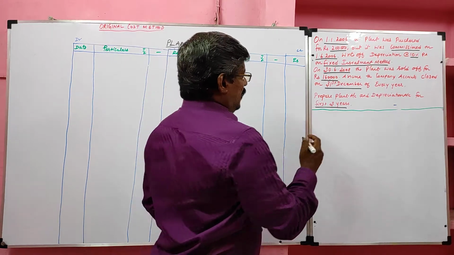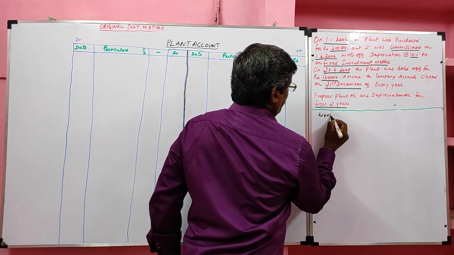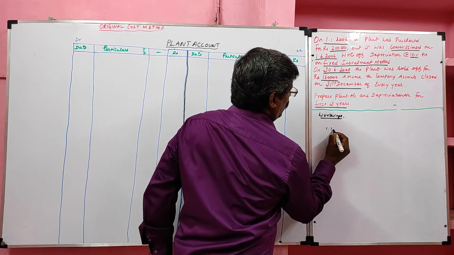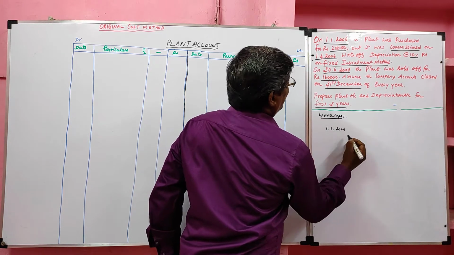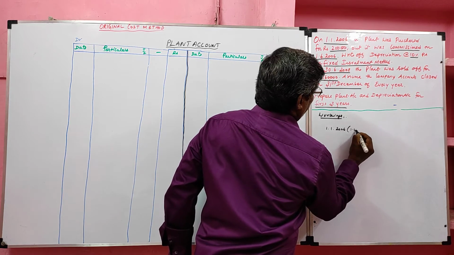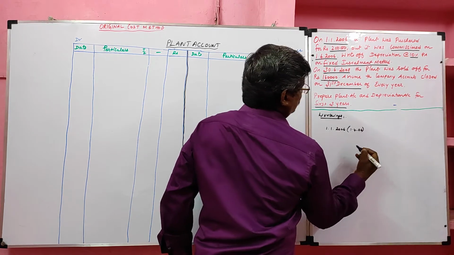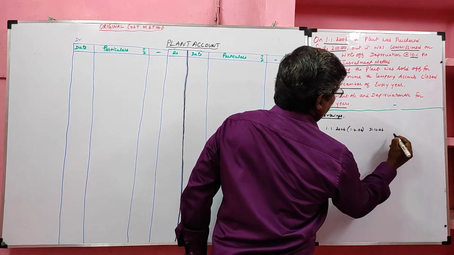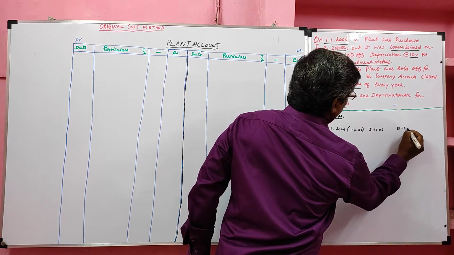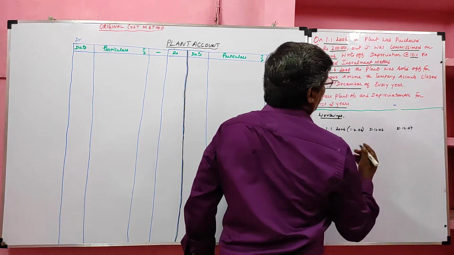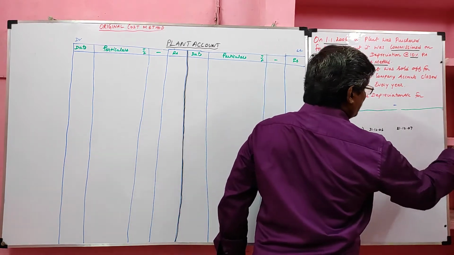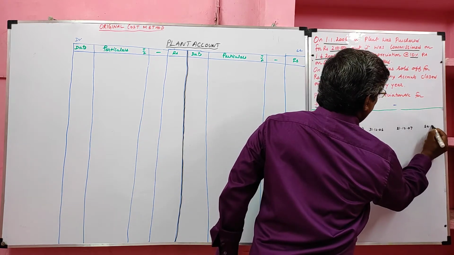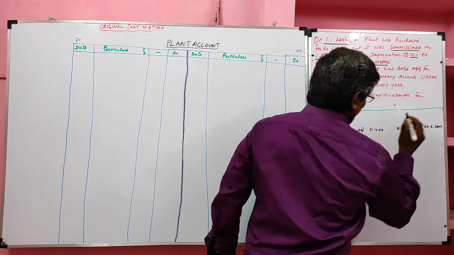Now, we have to do working. They purchased on 1/1/2006 and started to use on 1st April 2006. First year ends on 31st December 2006. Second year ends on 31st December 2007. The third year ends on 31st December 2008, but earlier, on 30th June 2008, it was sold off.